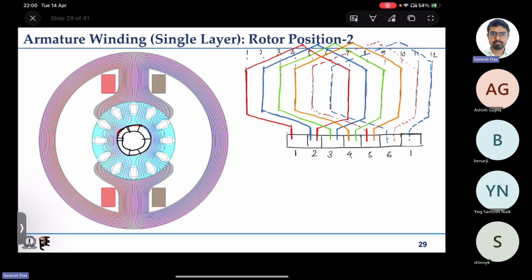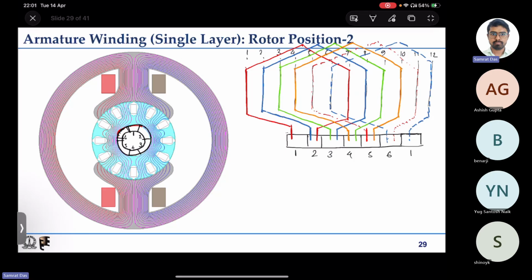So 1 2 3 4 5 6. That is all. So these are the segments. Let us start from vertical: 1, then 2 3 4 5 6.